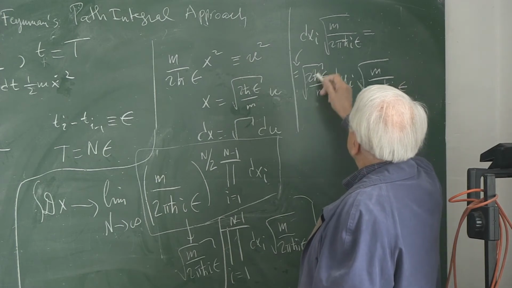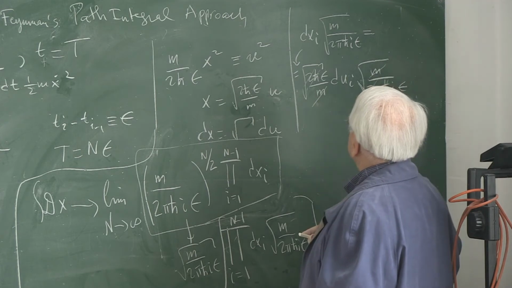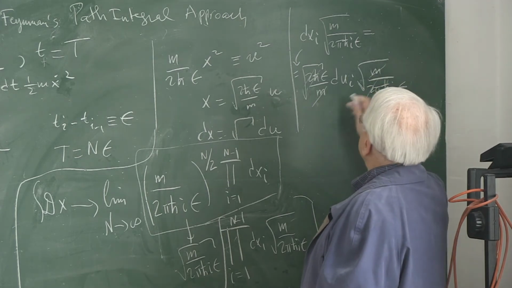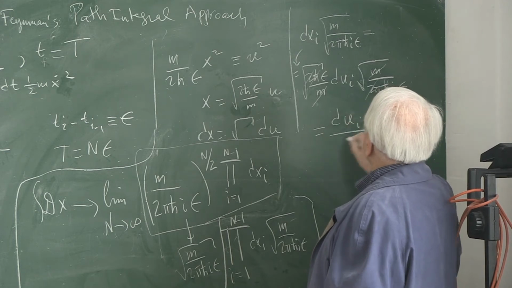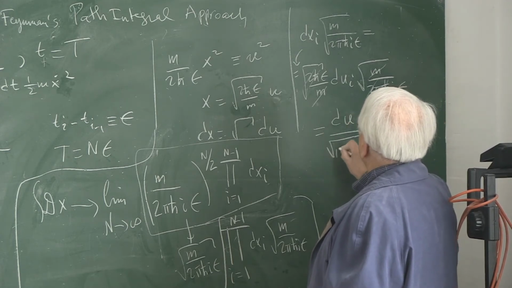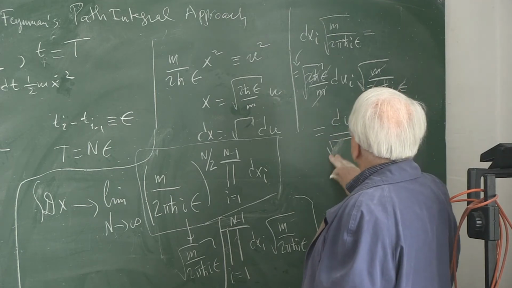Now 2 h bar cancels, m cancels. What is left over is du_i divided by pi, epsilon also cancels, i pi.